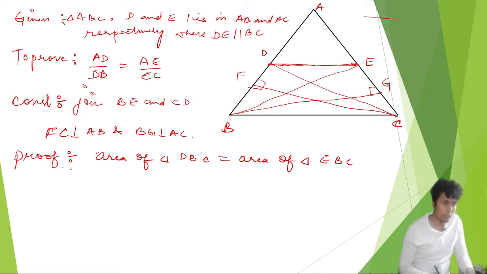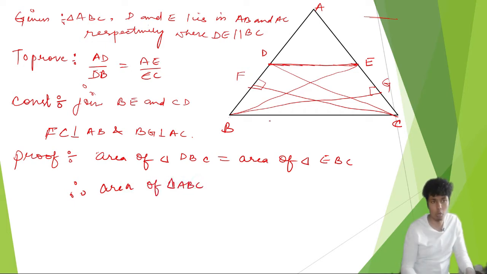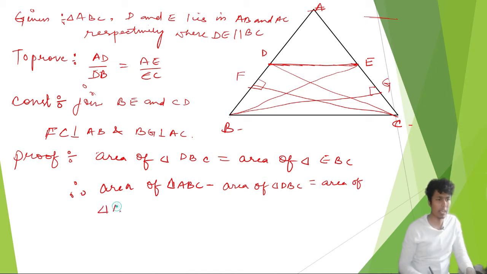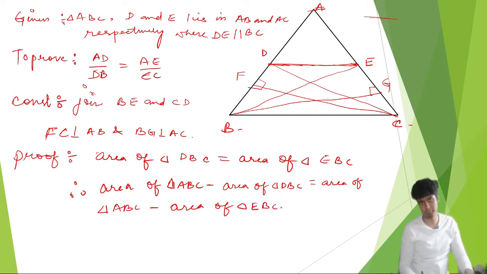Now therefore, area of triangle ABC, where is triangle ABC? This whole triangle, minus area of triangle DBC is equal to area of triangle ABC minus area of triangle EBC.